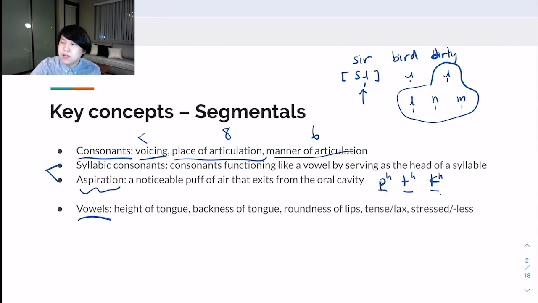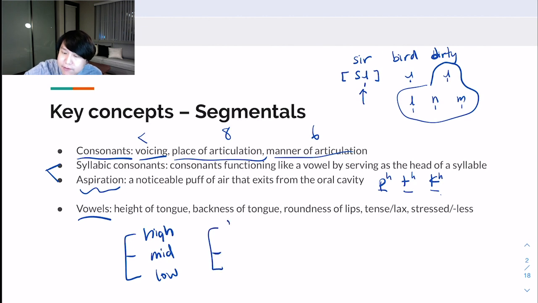Let's move on. We also learned about vowels. Vowels can be categorized using many different criteria. One is height of tongue. It can be either high, mid, or low. For backness of tongue, vowels can be front, central, or back. For roundedness of lips, vowels can be either rounded or unrounded.